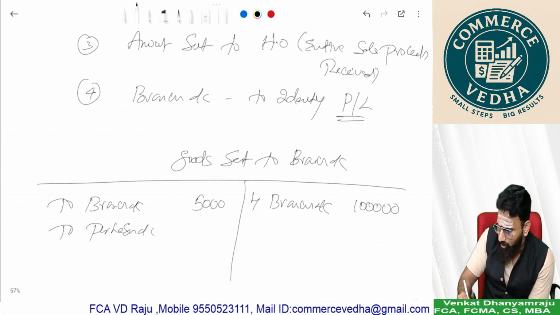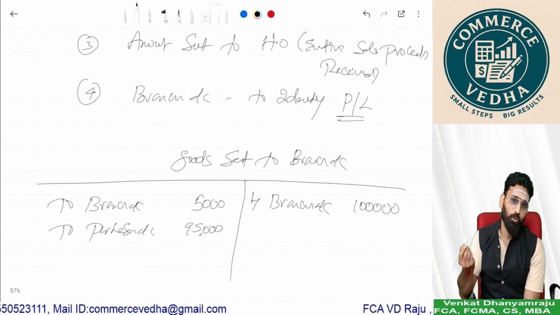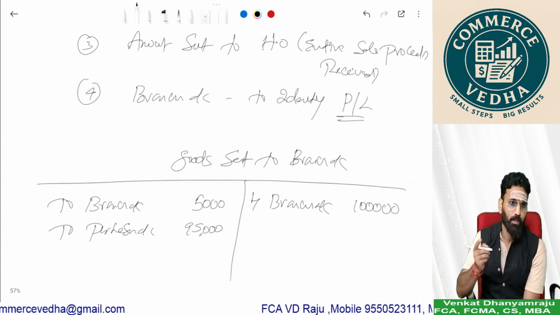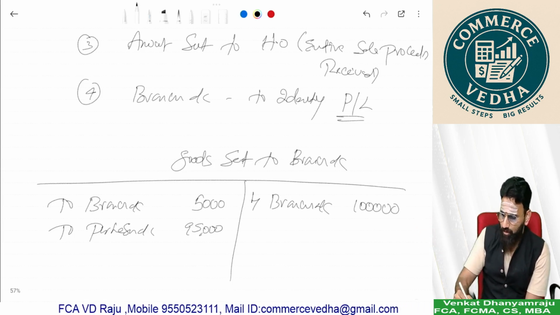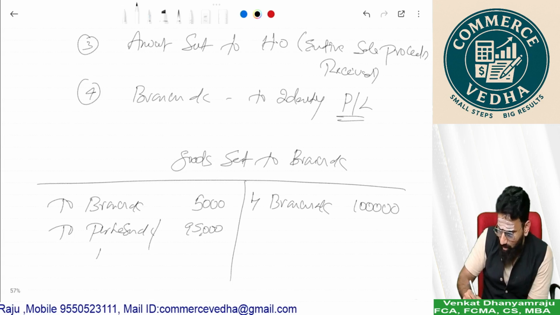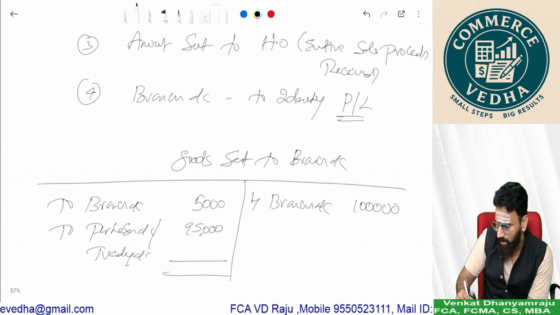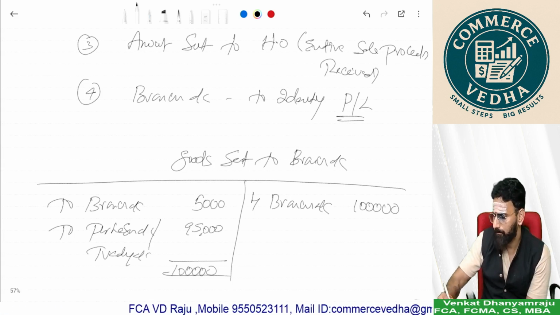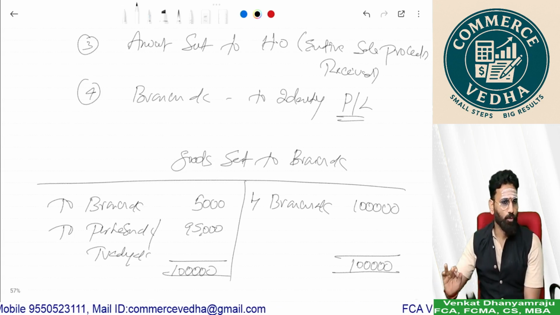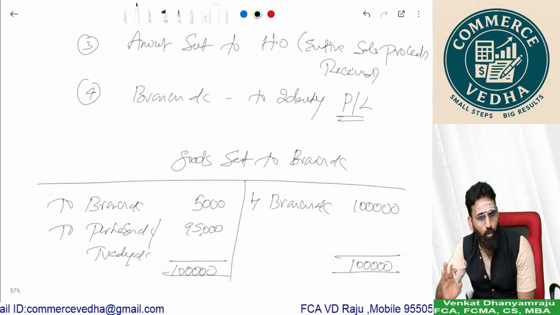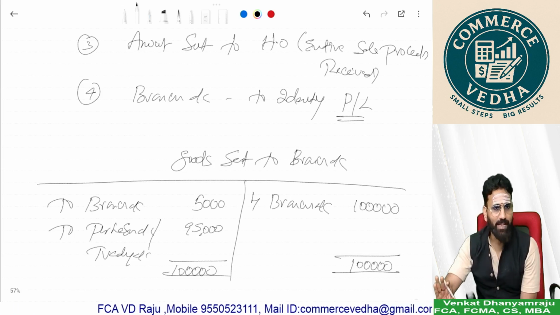So HO should reduce it from its purchases, because if HO books the purchases, it will be double count. From purchases it's sent to branch, right? So HO should debit either purchases account or trading account, so that this account shall be closed. Goods sent to branch account should always be closed by transferring the balance to purchases account or trading account of HO.